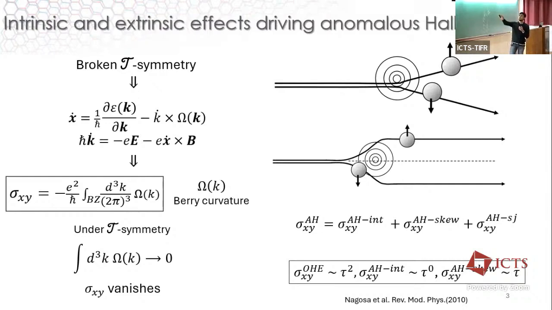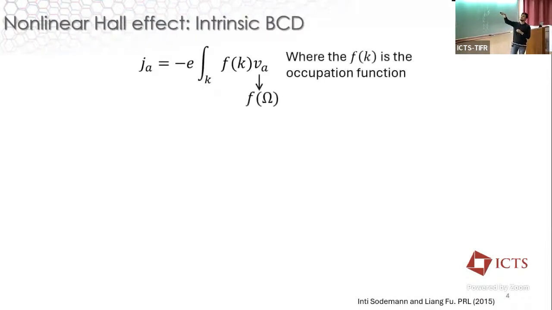For the nonlinear Hall effect, the first thing that we'll do is to break the inversion symmetry. The initial formulation is very similar. You have this term f_k, which is basically the occupation function, and this velocity term includes the Berry curvature, which I showed earlier.